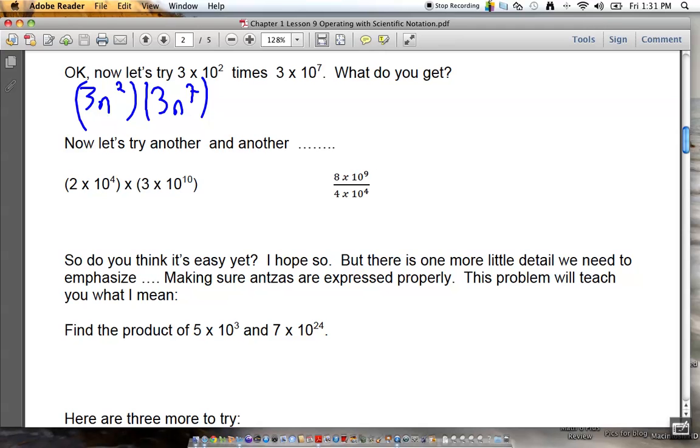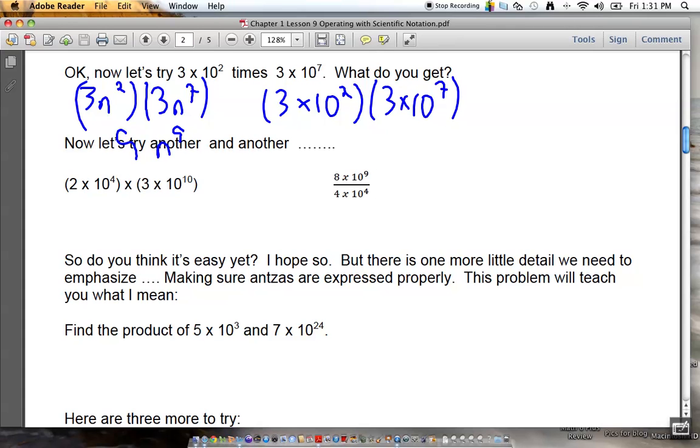Add them. So 3 times 3 was 9, n to the 9th. So if you understand that, you should be good here. Now I'm going to do 3 times 10 to the second times 3 times 10 to the 7th.